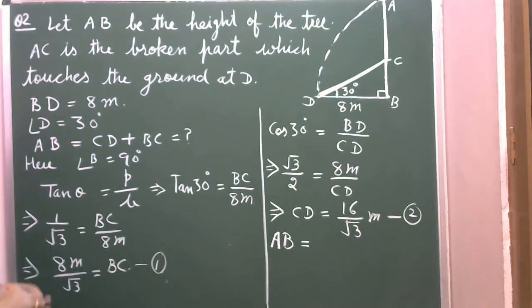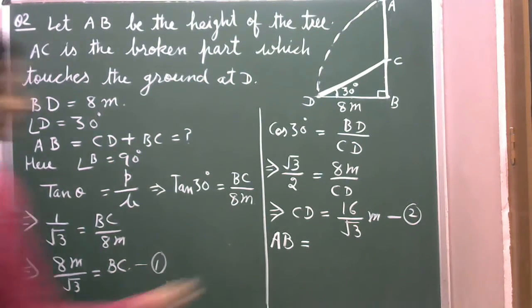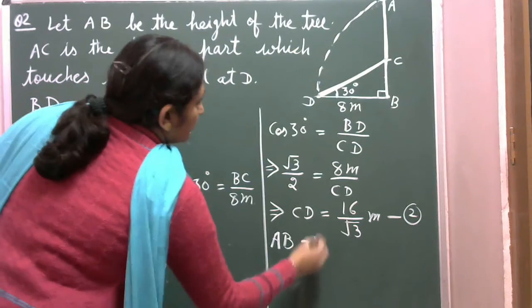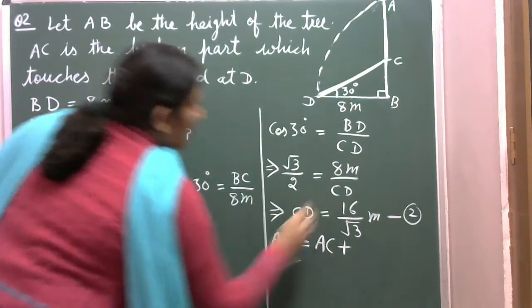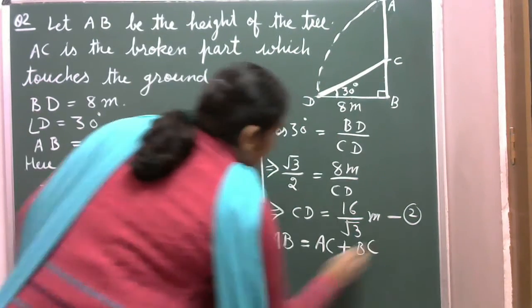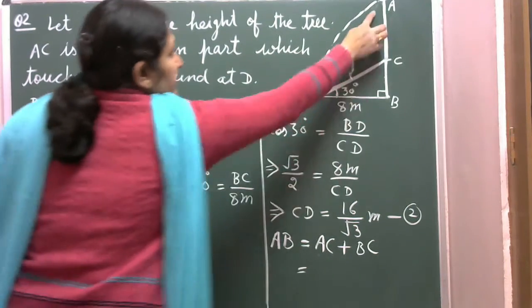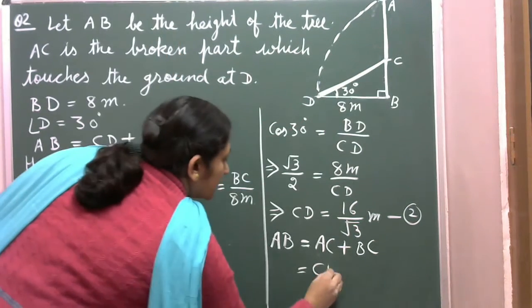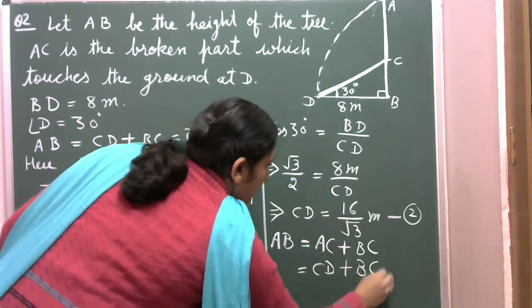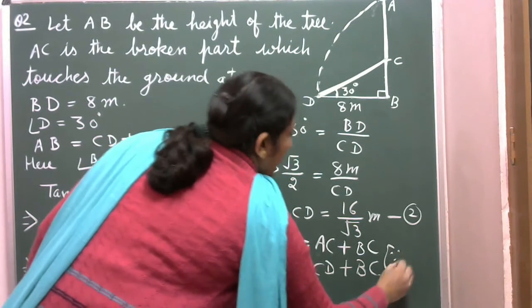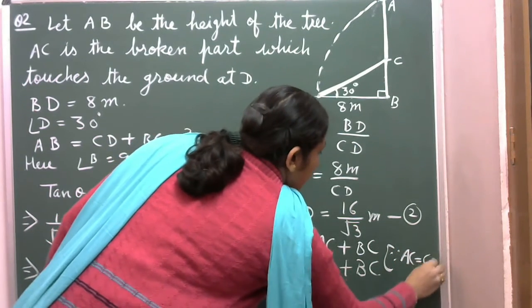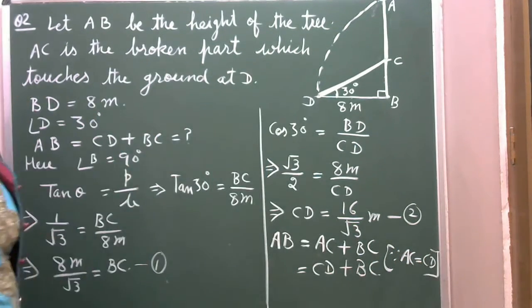So here AB is equal to AC plus BC, but we say AC is equal to CD plus BC. Here you can give the reason, because AC is equal to CD. Both the line segments are equal here.